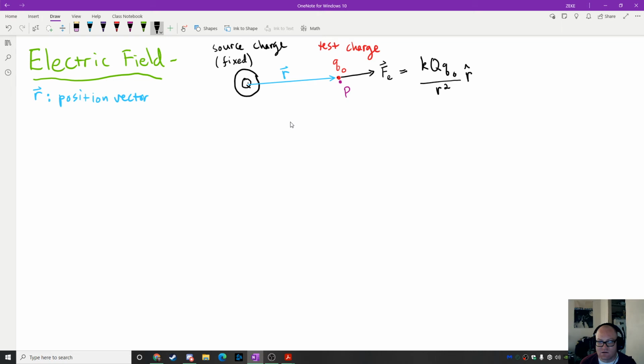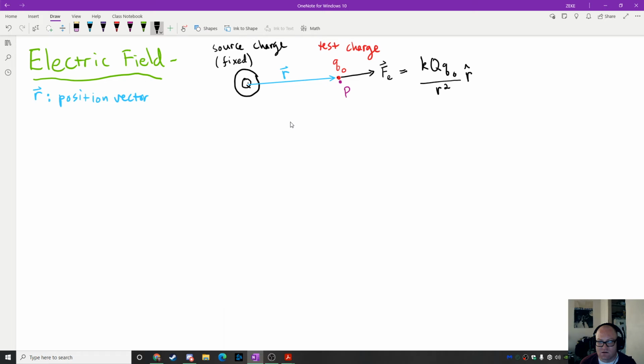Now, what is r hat? If I have a vector like r, let me draw our position vector over here. The unit vector is a little tiny vector that points exactly in the same direction as the vector r, but has length 1.